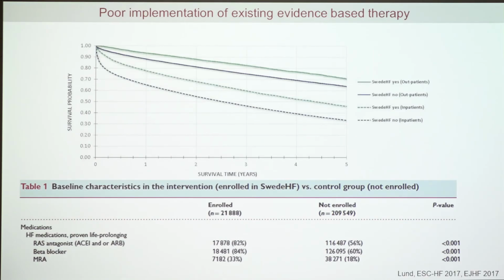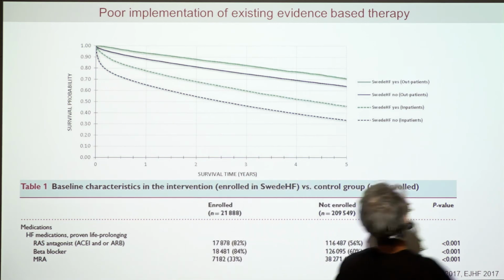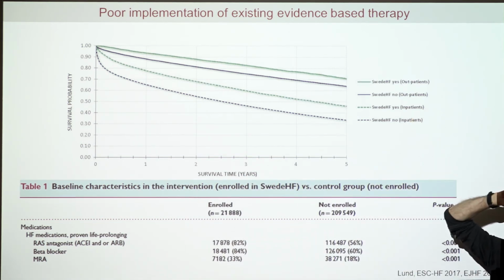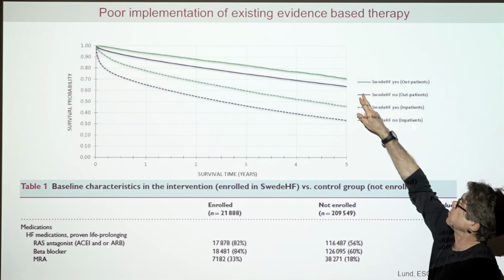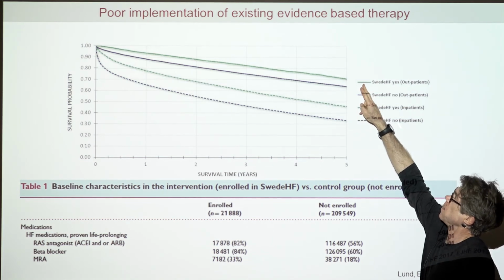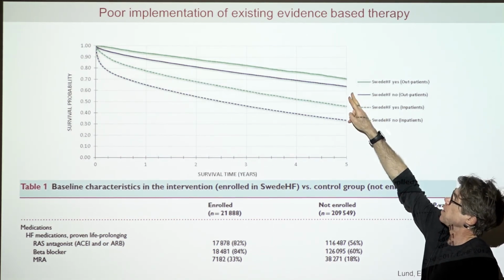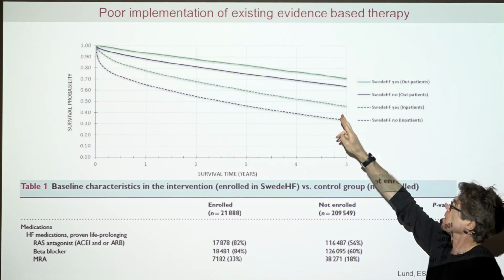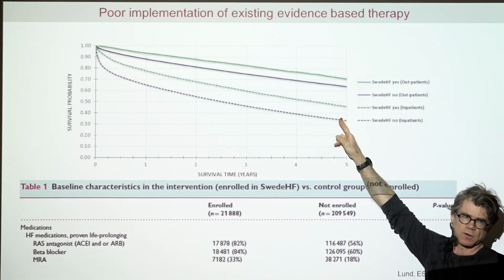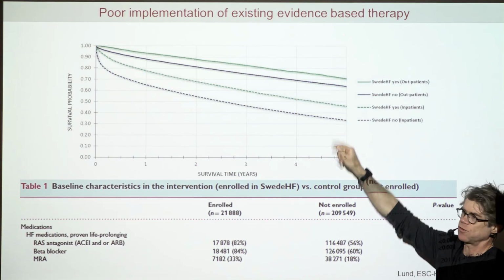And if we look at some data to show this, we can look at patients with heart failure that are in the Swedish Heart Failure Registry. The green is outpatients, heart failure registry. Blue is outpatients, not registry. And this is inpatients in the hospital registry and inpatients, not registry.